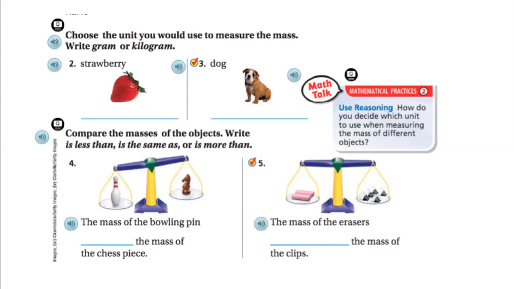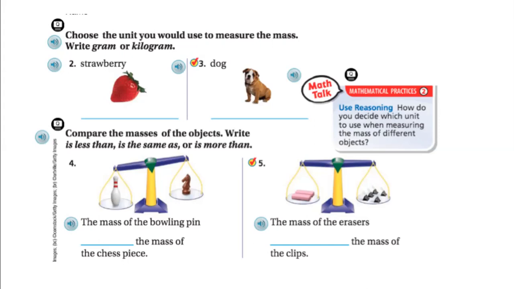Now for 4 and 5, we must compare the masses of the objects. Write is less than, is the same as, or is more than. So we have our pan balance and we have a bowling pin and a chess piece. The mass of the bowling pin blank the mass of the chess piece. So remember what I said with the pan balance. If they are even or together, they're going to be the same.